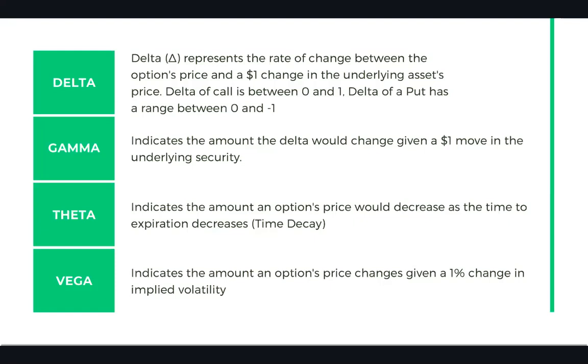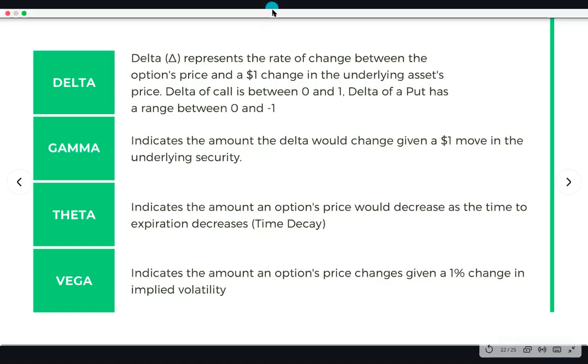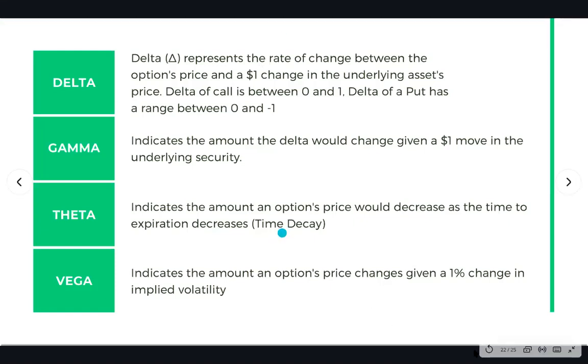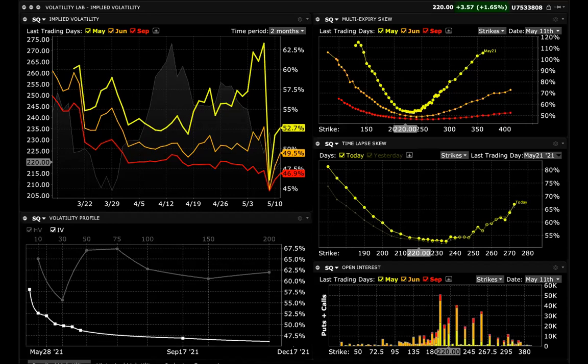Well, here we should be so happy because the put should be making a lot of money. Well, I was losing. Why? Because it was something like that. Let me share with you. Yes, it was something like that. This is my volatility lab where I analyze the volatility and so on.